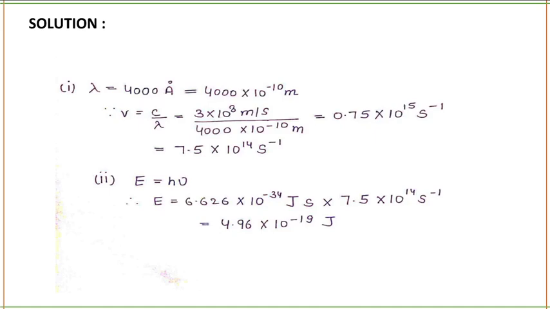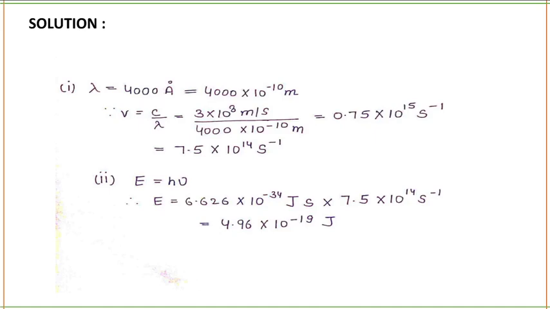And you know the relation between nu and lambda. So nu is equal to c by lambda. After putting in both the values, the value of c, that is 3 into 10 to the power 8 meter per second, divided by the value of lambda, that is 4000 into 10 to the power minus 10 meter, and solving this equation, you will get the answer.